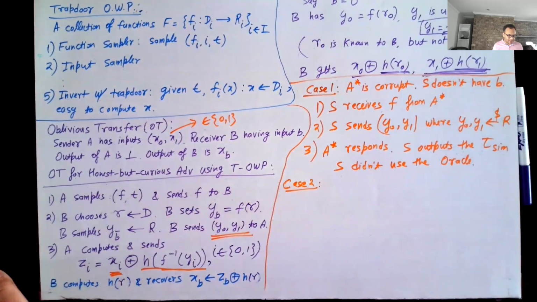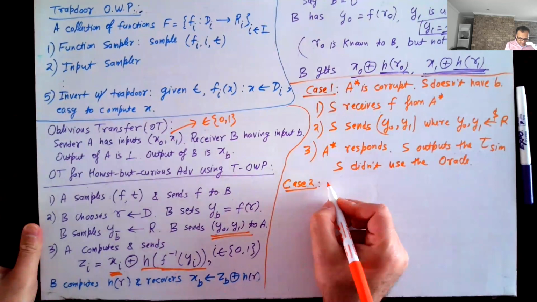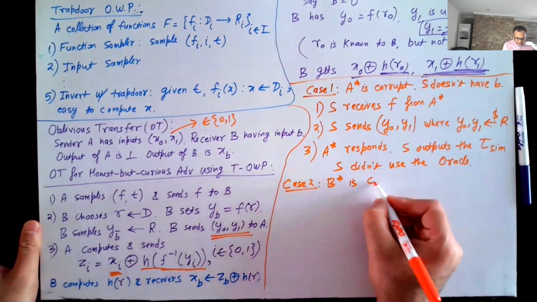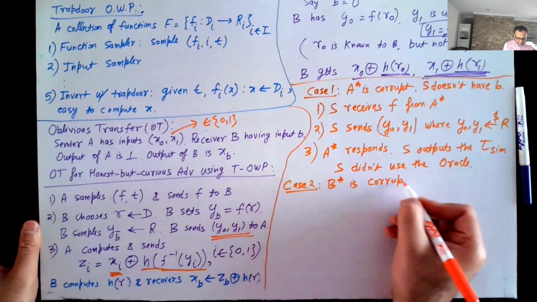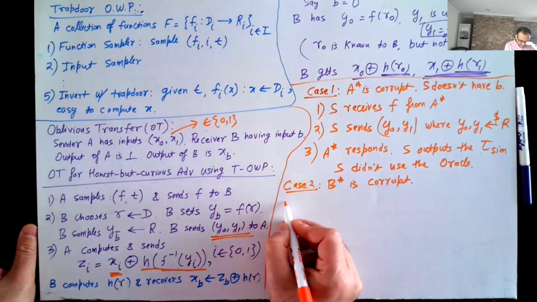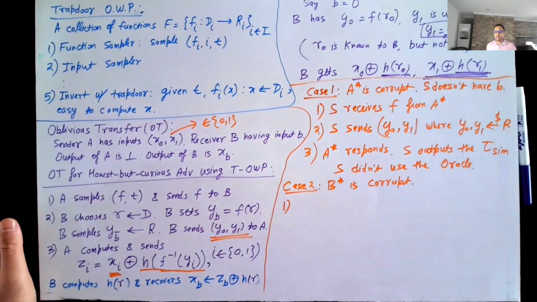Now let's look at the second and the more interesting case where the receiver B star is corrupt. So now the simulator has to start the protocol.